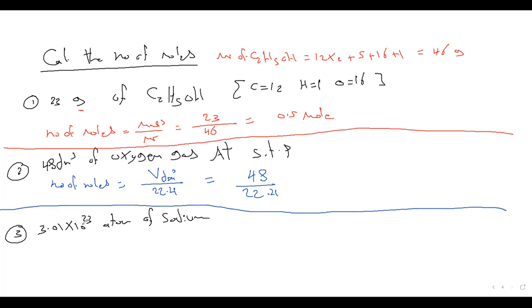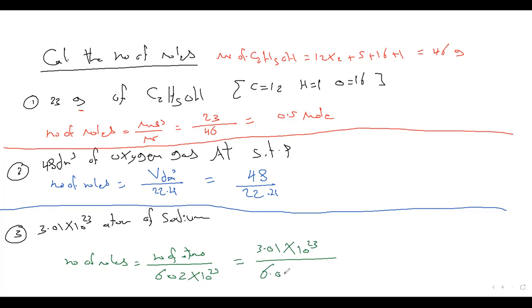Number 3, number of atoms or molecules, any particles. So number of moles is equal to number of atoms over Avogadro's number, 6.02 times 10 power 23, which is equal to 3.01 times 10 power 23 over 6.02 times 10 power 23, equals 0.5 mole.